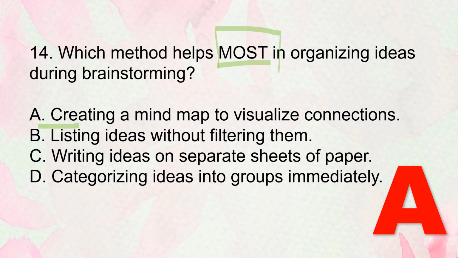And letter B, listing is useful, but it doesn't prioritize connected ideas. Writing on separate sheets of paper can lead to disorganization, and categorizing immediately may limit creativity. So letter A is the best answer.